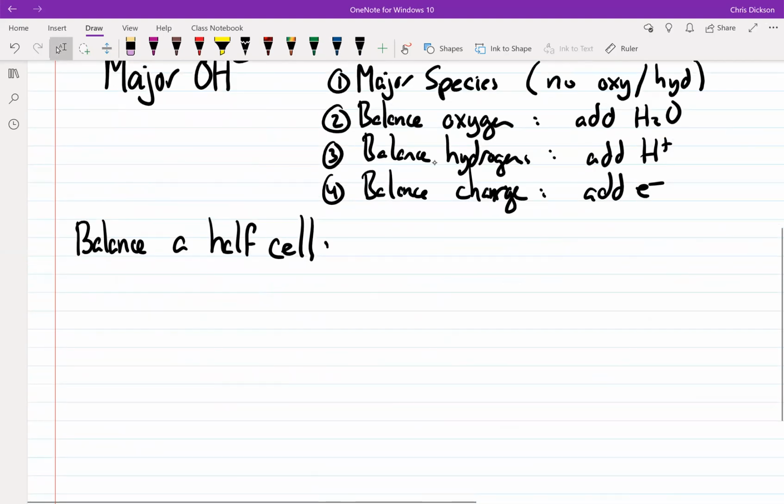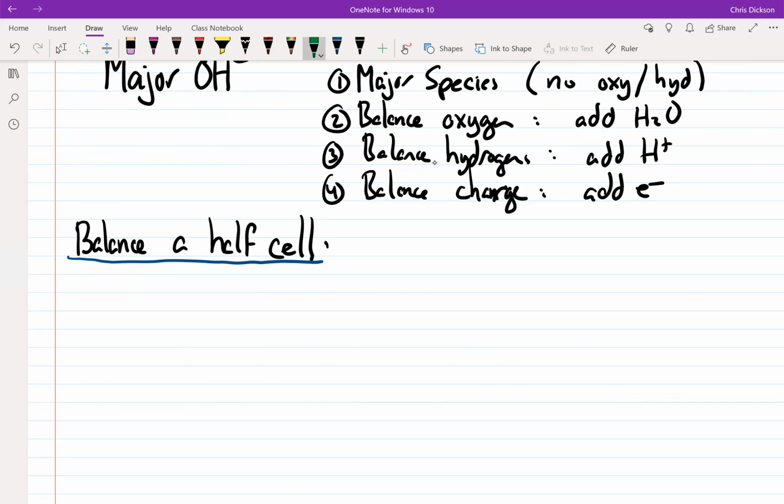So I'm going to balance a half cell reaction, and let me just pick one that's easy. I'll do one that I would have done yesterday. So let's take a look at this reaction.